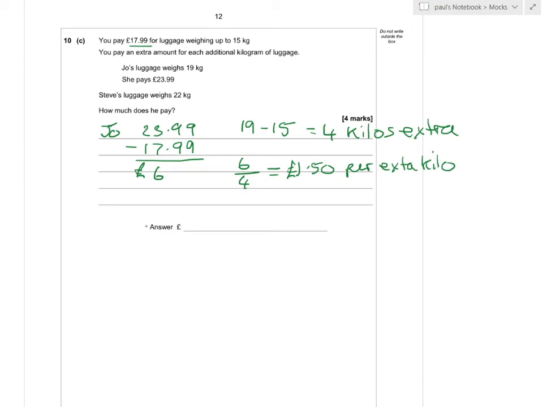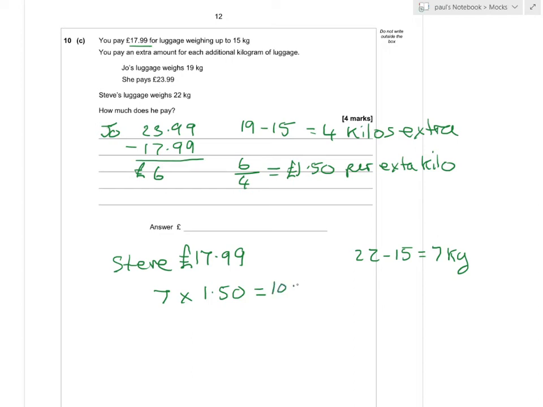Now Steve's luggage weighs 22. How much is he going to pay? So let's come down here for Steve. Never give you enough room. Maybe I just write too big, I don't know. So Steve is 22. So he's going to pay $17.99 anyway for the first 15 kilos. Now 22 take away 15 equals 7 kilos extra, so he will pay 7 times the £1.50 charge, which is £10.50.